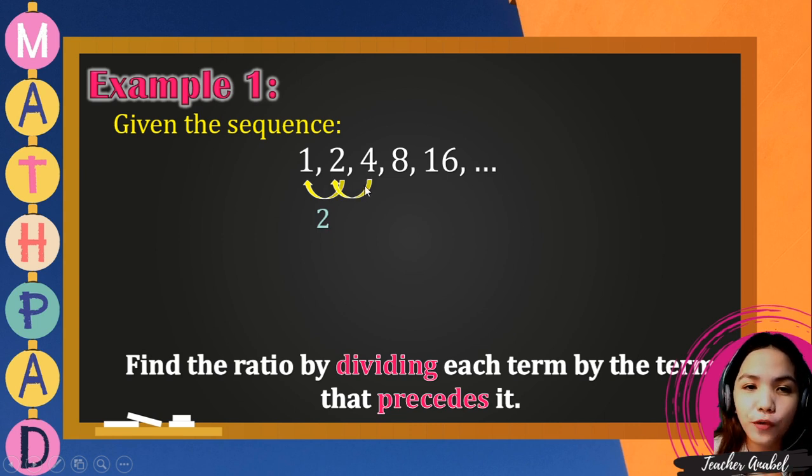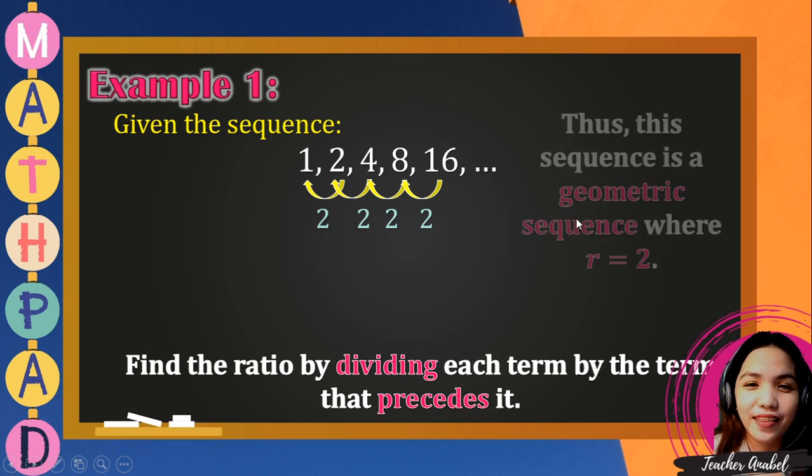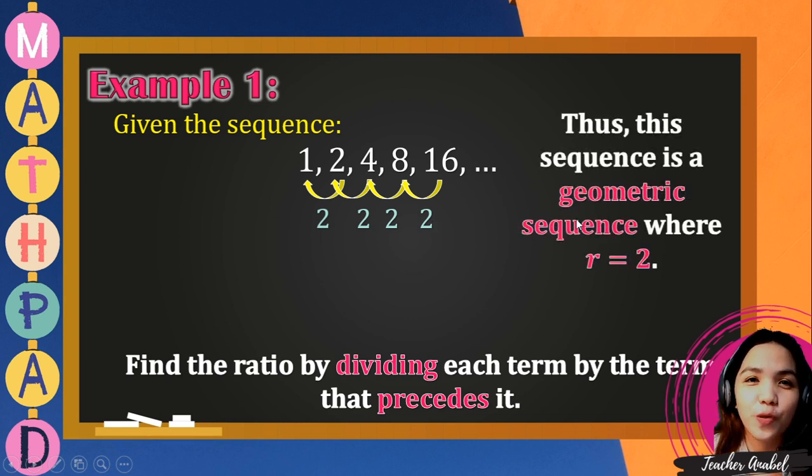Next, 4 divided by 2 is equal to 2. Then 8 divided by 4 is equal to 2. Next, 16 divided by 8 is equal to 2. Thus, this sequence is a geometric sequence and our common ratio is 2.